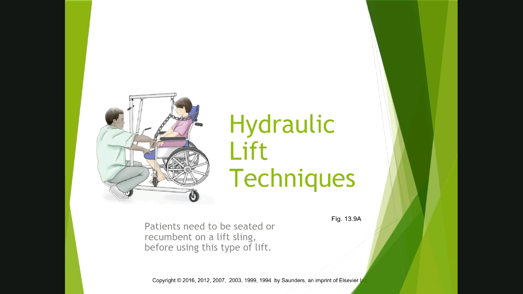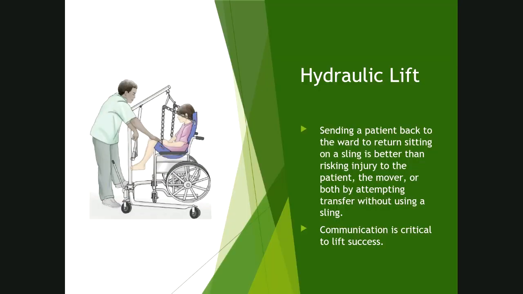Okay, so they come with this lift sling or transfer sling underneath them. Then once they go to move it, the chains go on that spreader bar, and we raise the patient up. We swing them over to where we need them and then lower the bar down so that you're not doing the lifting. The lift is.